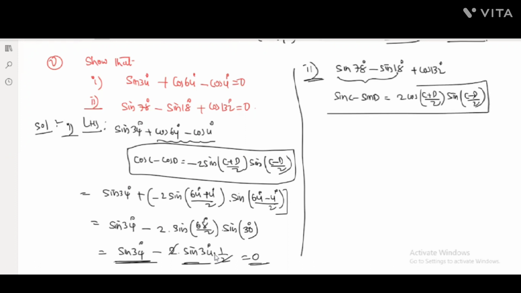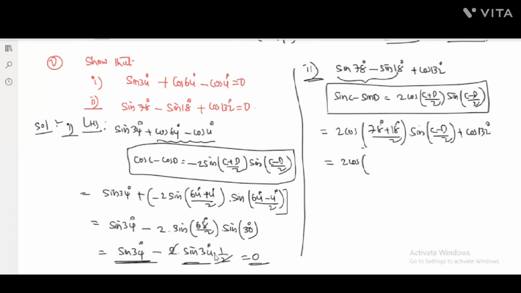If we apply this formula here, we'll get 2 cos (C plus D by 2) into sine (C minus D by 2) plus cos 132. Let it be like this only. According to the situation, we will change that.